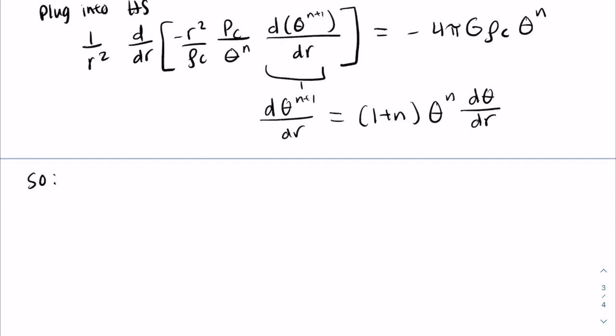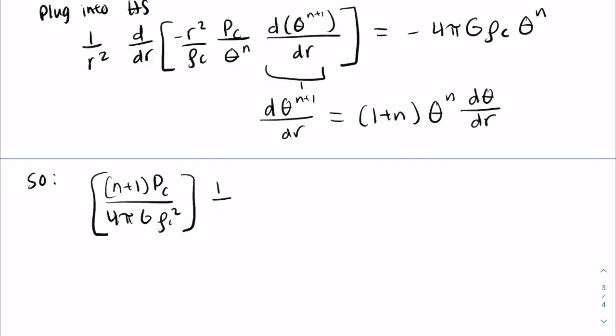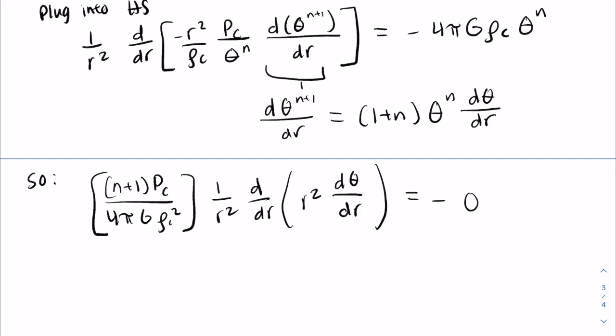So then we can rewrite this expression in terms of n plus 1 central pressure over 4 pi G rho c squared. And then that times 1 over r squared d dr of r squared d theta dr. And that's now going to equal just our dimensionless density parameter to the n.